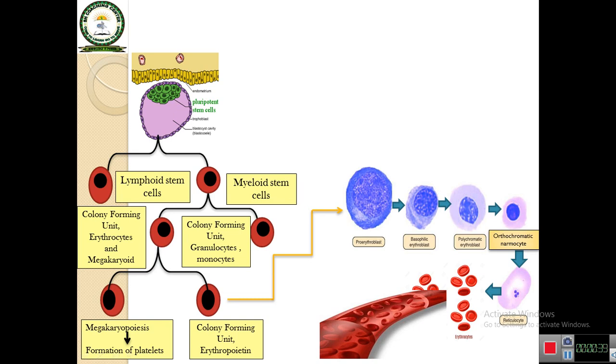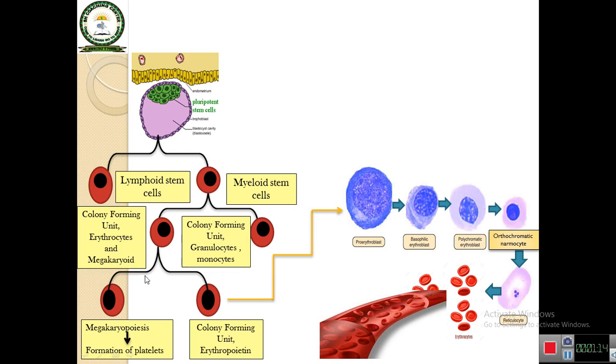In bone marrow, so many pluripotent cells are present. If we take a single cell, it will divide into two cells, a lymphoid stem cell and a myeloid stem cell. The myeloid stem cell further divides into two cells: colony forming unit granulocyte monocytes, and colony forming unit erythrocyte megakaryoid.